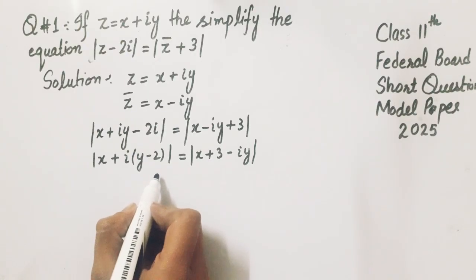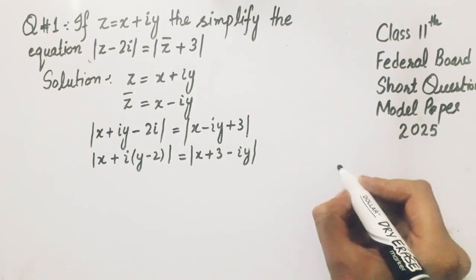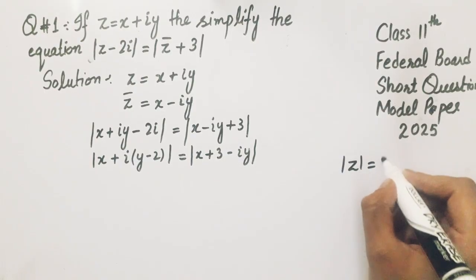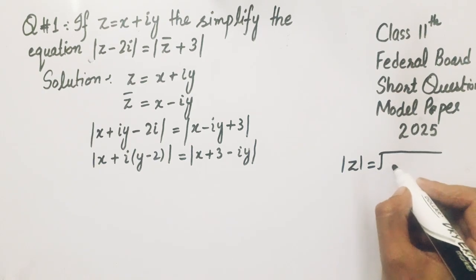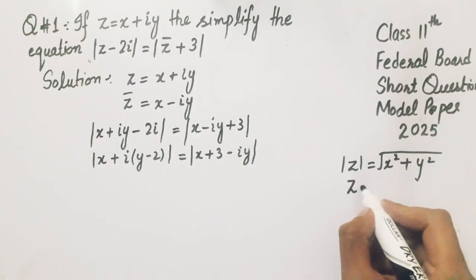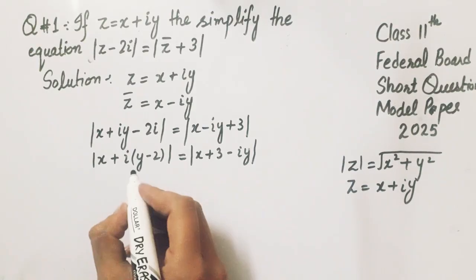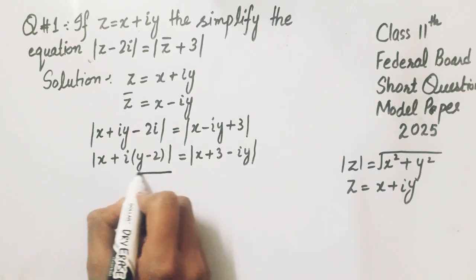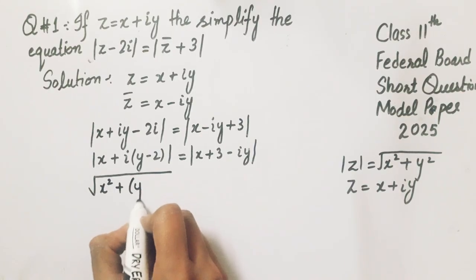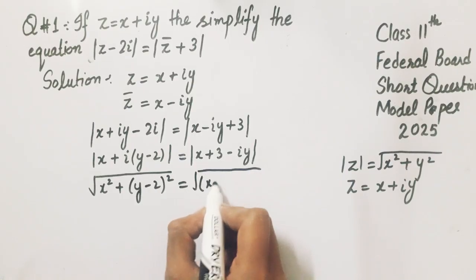As we know that the magnitude of z will be equal to the square root of x square plus y square when z is equal to x plus iota y. So we will apply this here: square root of x square plus y minus 2 square, and this is equal to x plus 3 square plus y square.